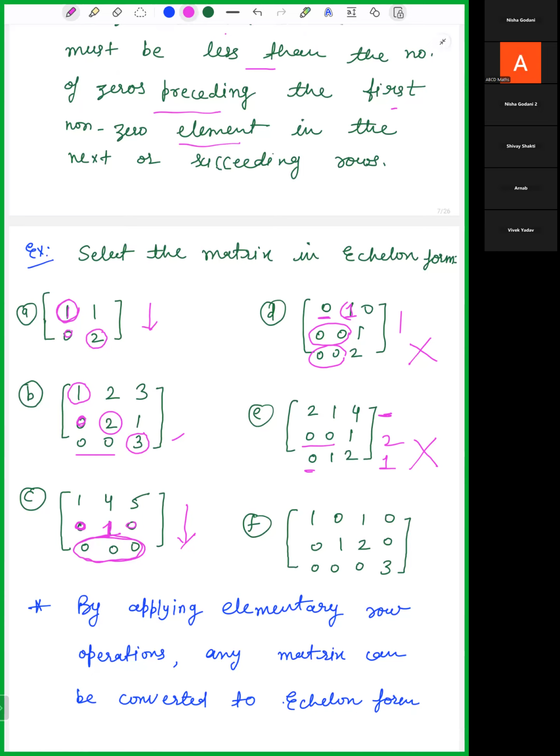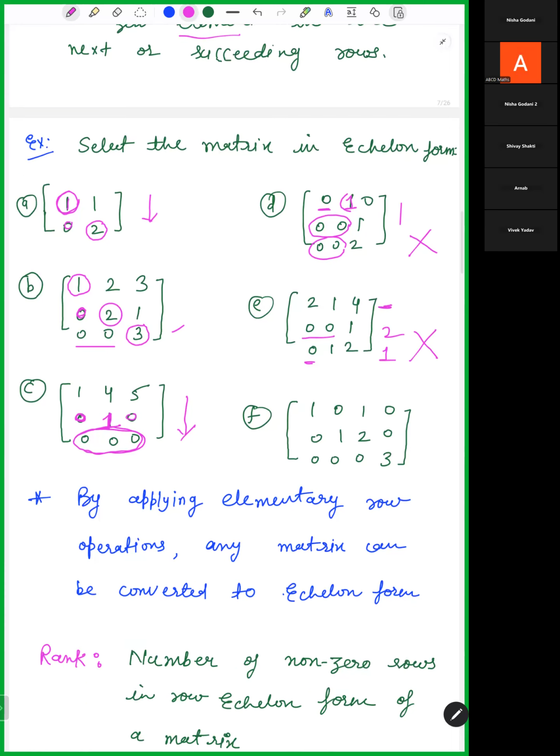Okay. Now in this F example, you can see that the number of zeros is 1 before a non-zero number. Here the number of zeros is 3 in the third row before a non-zero number. The number of zeros has increased as you go from up to down. And there is no row having all zeros, so that's fine.